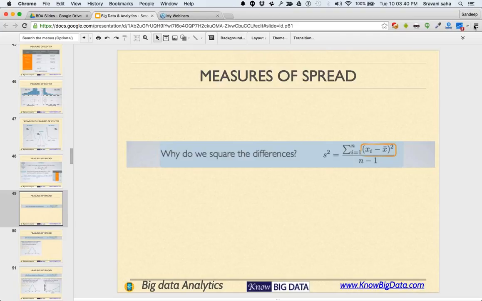Make sense to you, Anusha and Mehdi? No? Was I able to explain this part? Why do we square the differences while computing the standard deviation or variance? Did I make any sense? No?